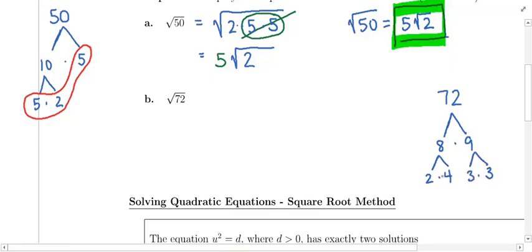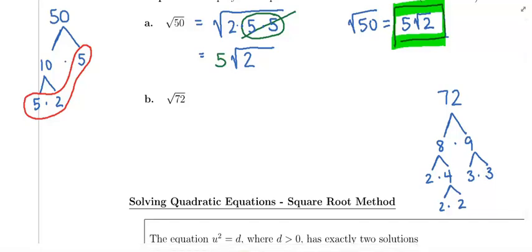And then now we've got to check each of these numbers. 2 only breaks down into 2 times 1, so we're going to leave it alone. 4 breaks down into 2 times 2. 3 only breaks down into 3 times 1, so I'm going to leave it alone. And the other 3 also breaks down into 3 times 1, so I'm going to leave it alone.